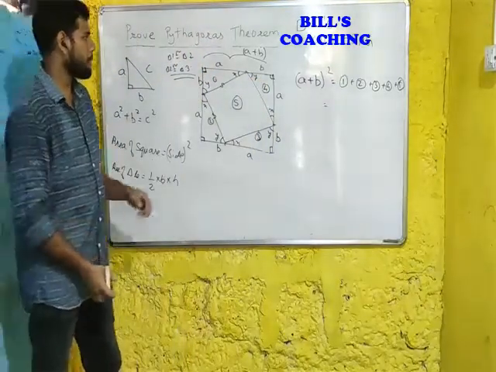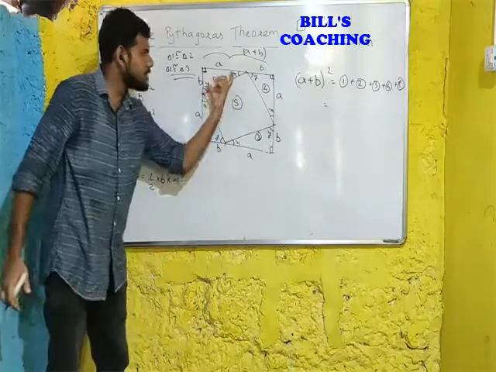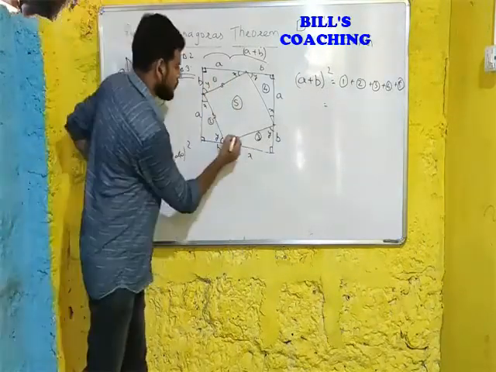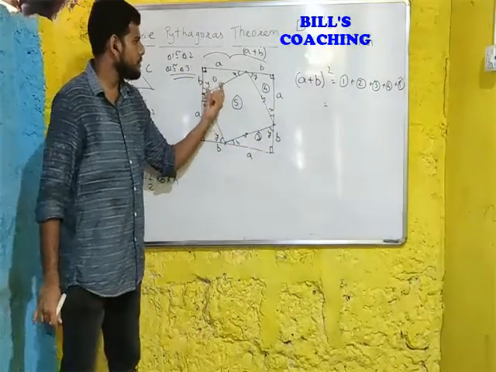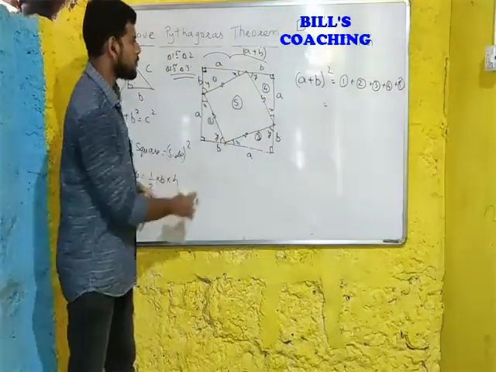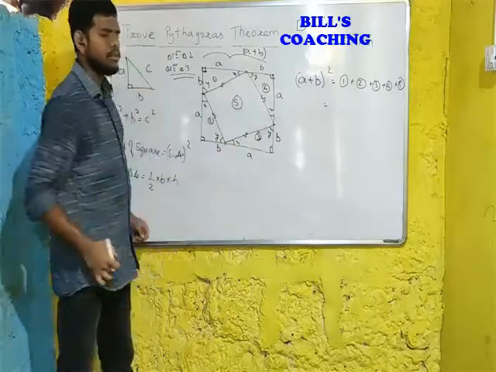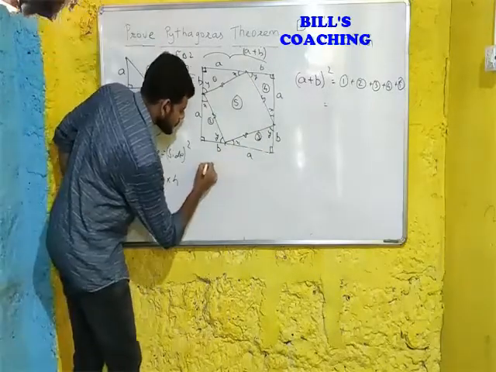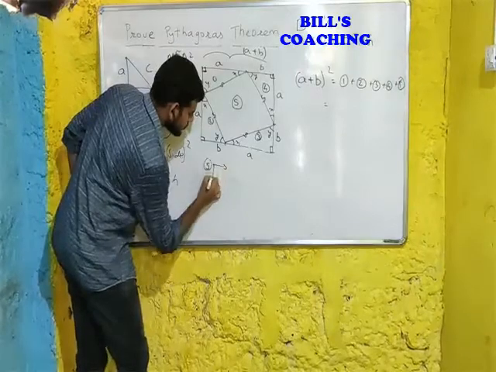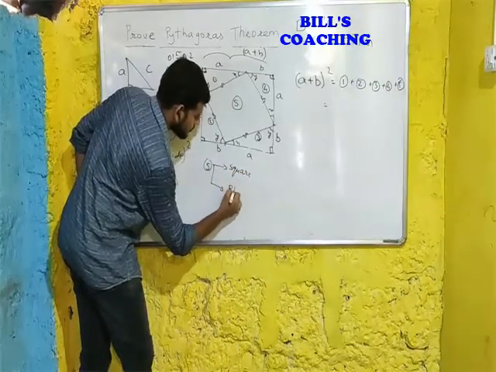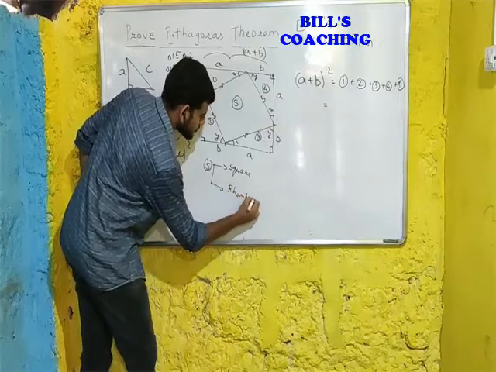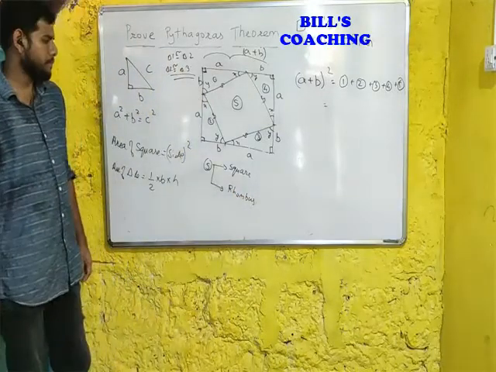Now consider only this triangle. We know that these sides are equal, because all triangles are equal, which means all sides will also be equal. So we can say that 5 is a quadrilateral whose all sides are equal. So 5 can be either a square or a rhombus.